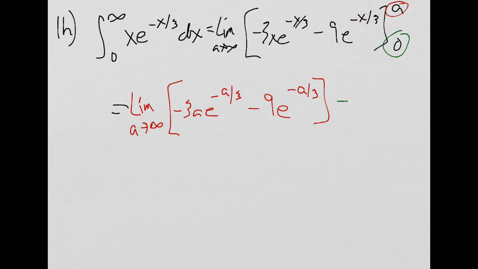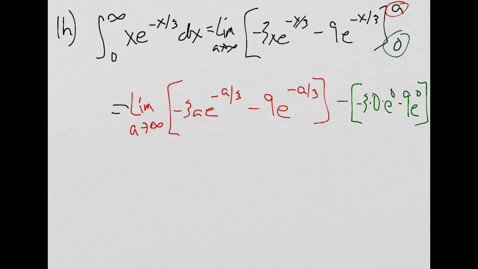Anyway, I am plugging in 0. I can plug in 0 for this, and I can plug in 0 for this. I don't have to look at a limit to plug in 0 to e to this, right? So maybe I'll write it out. I get minus 3, minus open bracket negative 3 times 0 times e to the 0 minus 9 e to the 0 close bracket.